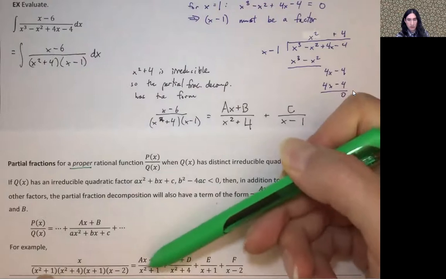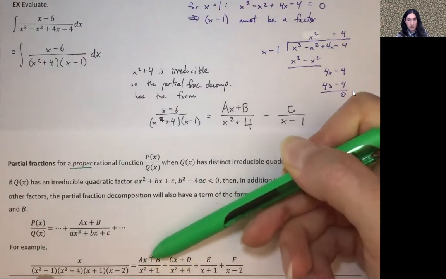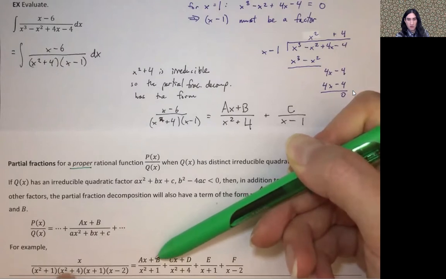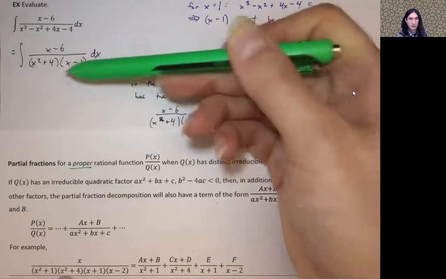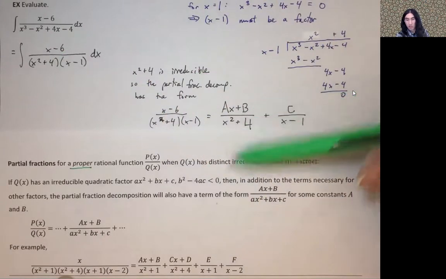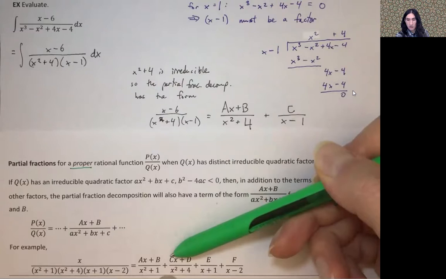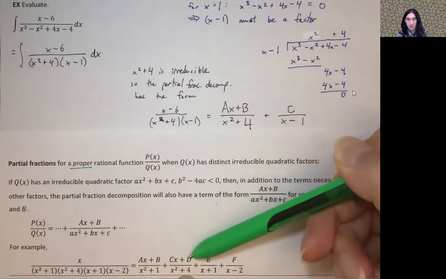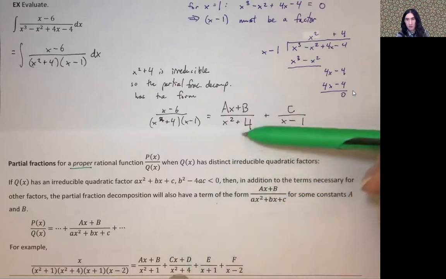So it gets one thing that looks like this, x squared plus 1, with an unknown constant times x plus an unknown constant. Here's an x squared plus 4. Notice that that's exactly what we had here, and it got a form that looked like that.